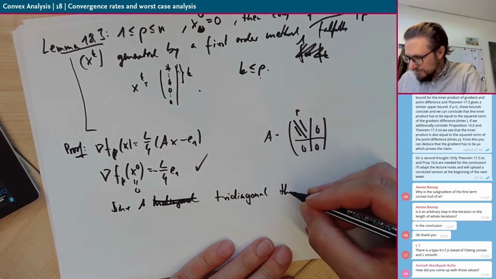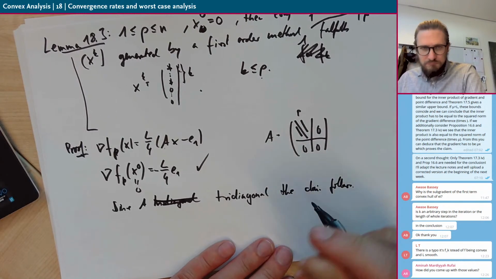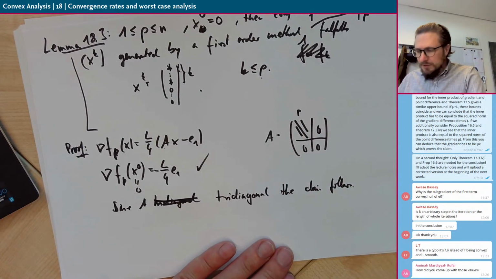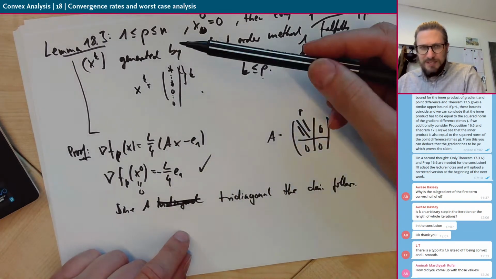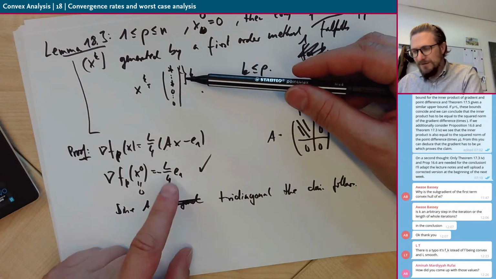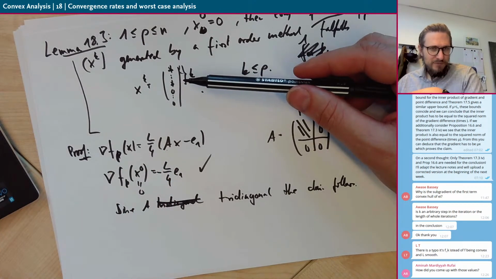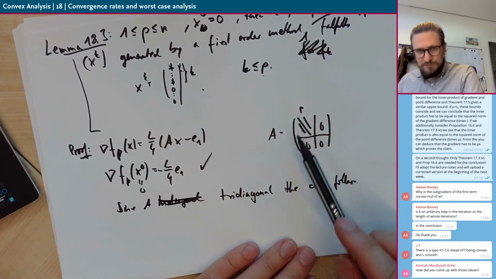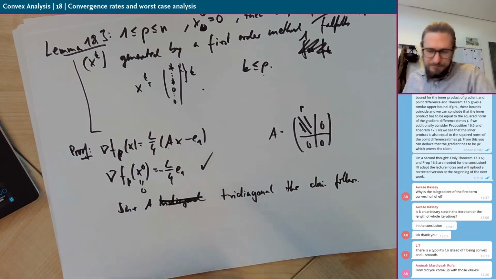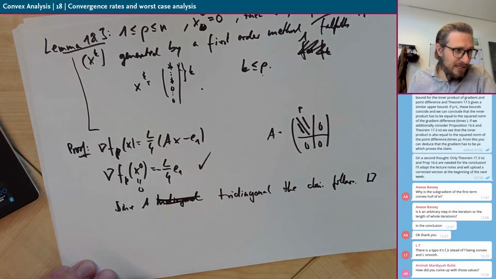So the claim follows. So if you multiply some vector which only has non-zeros in the first k entries by this A, you may get another entry in the k plus 1th entry, but nothing more. This comes from the diagonal over there. Okay, that is that.